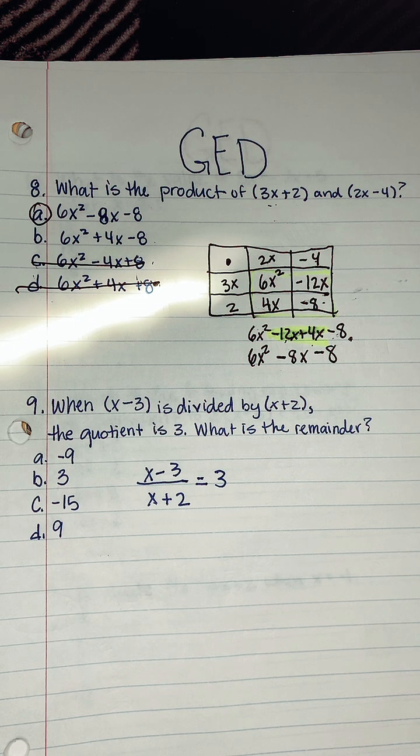This is interesting, and I'm hoping I'm setting it up right. When x minus 3 is divided by x plus 2, the quotient is 3. That's the answer. So the answer is 3. What is the remainder? Is there a remainder? Is the remainder just 3? Am I looking at this wrong?